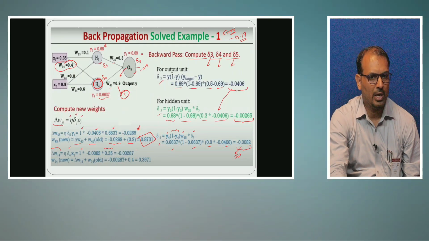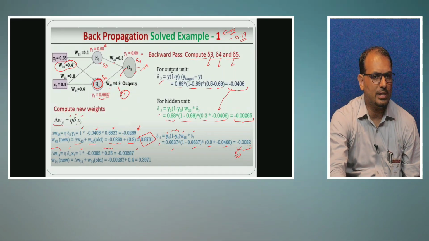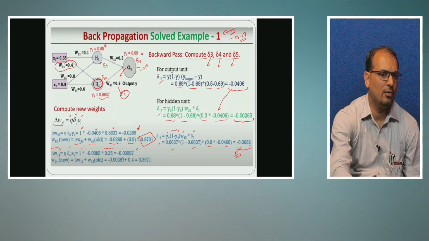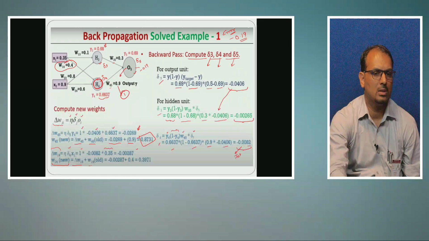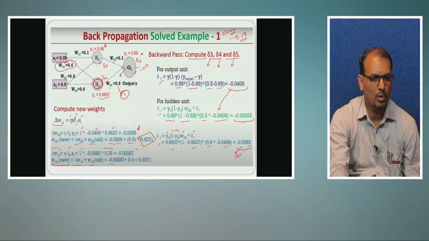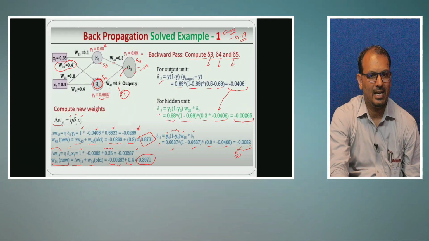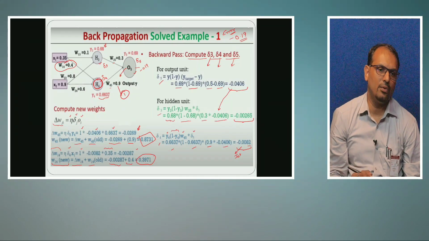And when you multiply, you will get minus 0.00287. Once you know the small change, delta omega 14, we can calculate the new w14 value: previous value plus the new small change. So when you add the small change to the previous value 0.04, you will get 0.3971.